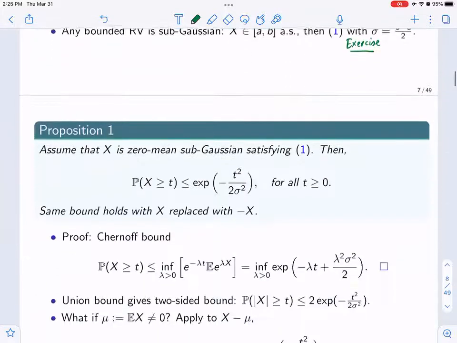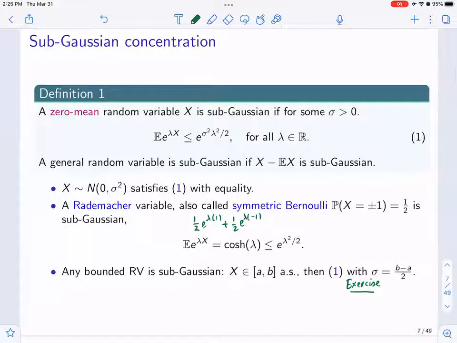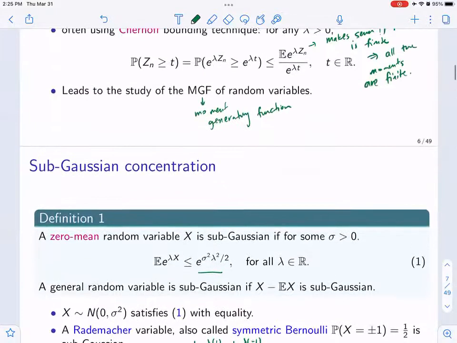Okay, so what is the use of this? For any random variable in this class, I can plug in this upper bound here, and then I get an immediate upper bound on the tail, right? So we're going to do it for general subgaussian random variables.